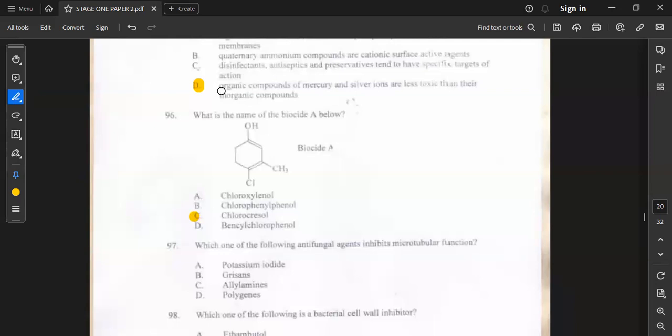So we can say that antiseptics and preservatives are kind of similar. Black Panther is saying she can't hear anything. Can you guys hear me? Yeah, Hiral, we can hear you.